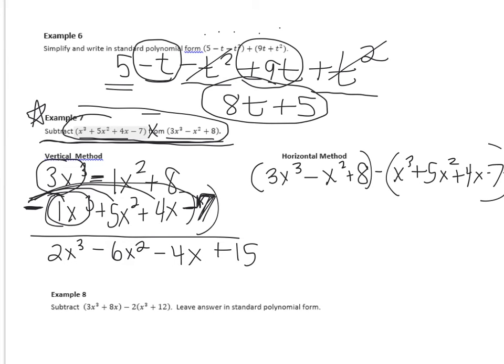Now, if you had anything to distribute through the first set of parentheses, it would just be a positive 1. And multiplying terms by positive 1 doesn't change anything. So when you're adding or subtracting polynomials horizontally, like we're doing here, you get to just drop the parentheses in the first set.